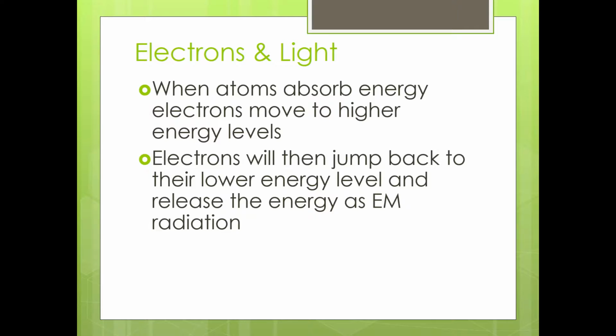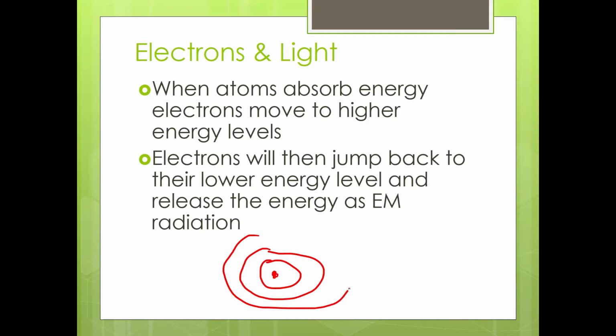Because remember, when we were talking about the quantized energy states of the atom, if this were the nucleus, you would have your different shells. And then the electron, if it gained enough quantum energy, would jump to the next level.